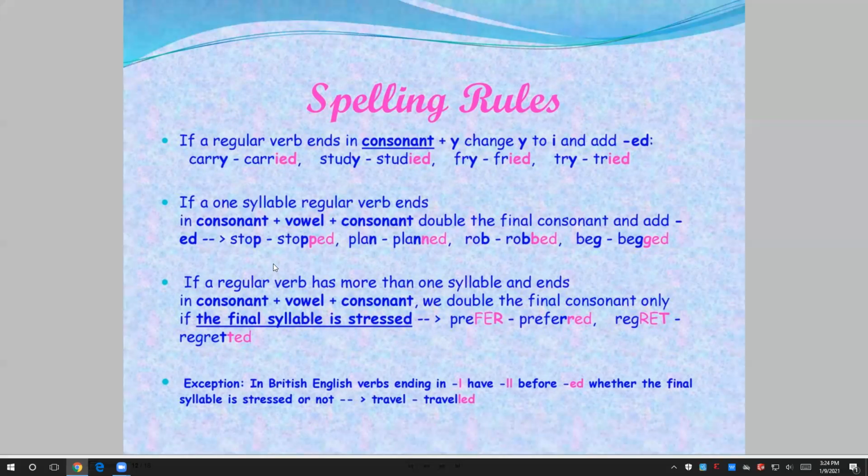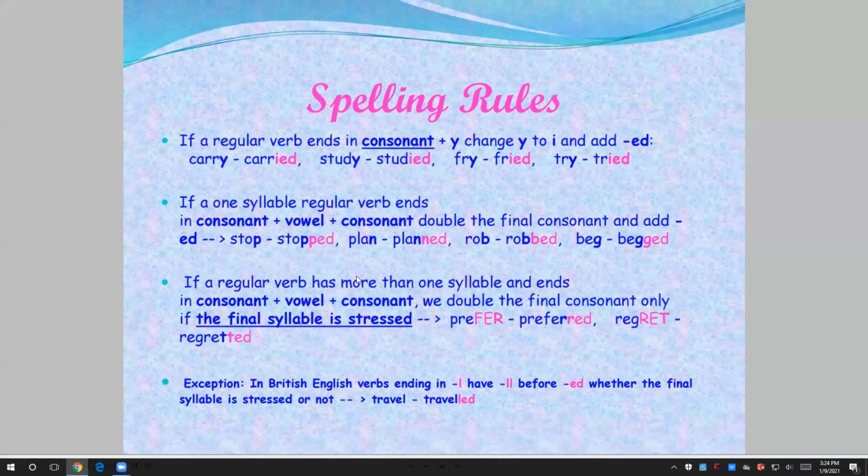Stop has one syllable, but prefer has two syllables, regret, two syllables.